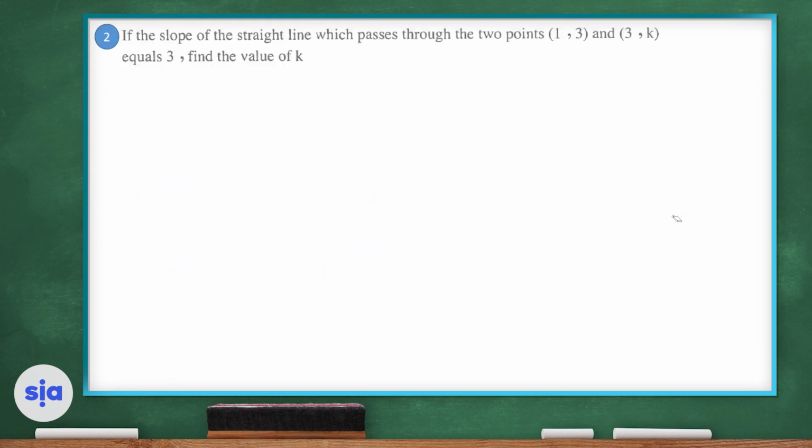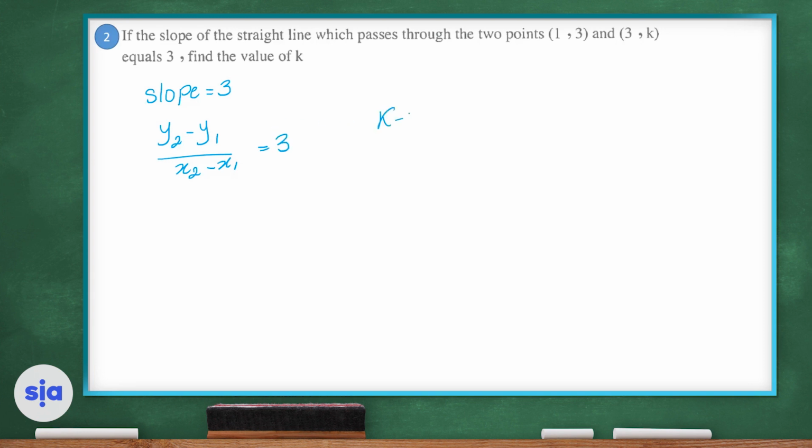Question 2. If the slope of the straight line which passes through the 2 points (1, 3) and (3, k) is equal to 3, how can we find the value of k? As long as the slope is equal to 3, then this means that y2 minus y1 over x2 minus x1 is equal to 3.